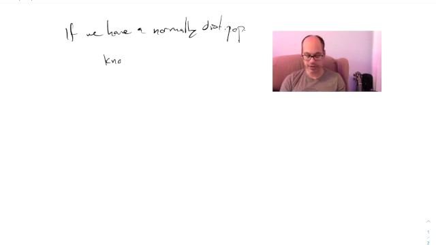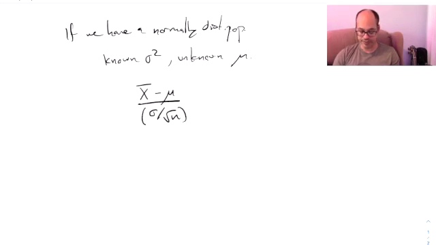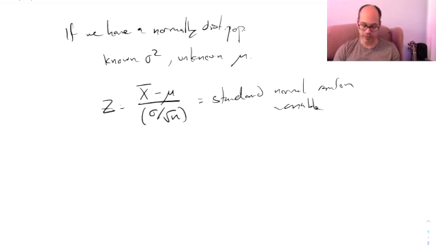So let's be a little bit more concrete. Suppose you have a normally distributed population with a known variance and an unknown mean. Then this thing is a standard normal random variable, which we usually refer to as z. And so what that tells us is if we know this sigma, we can use this pretty effectively to get confidence intervals for mu.